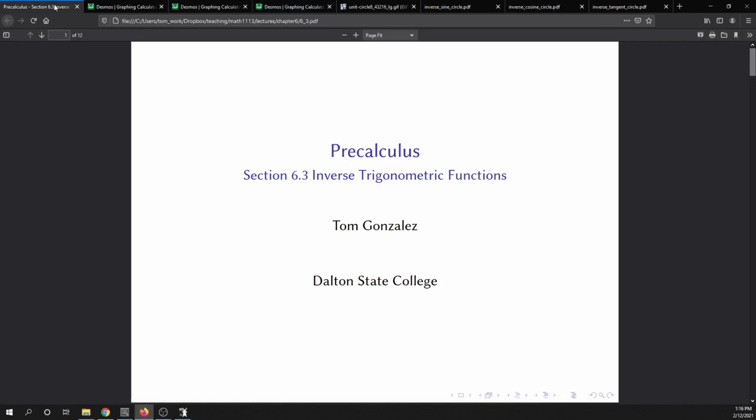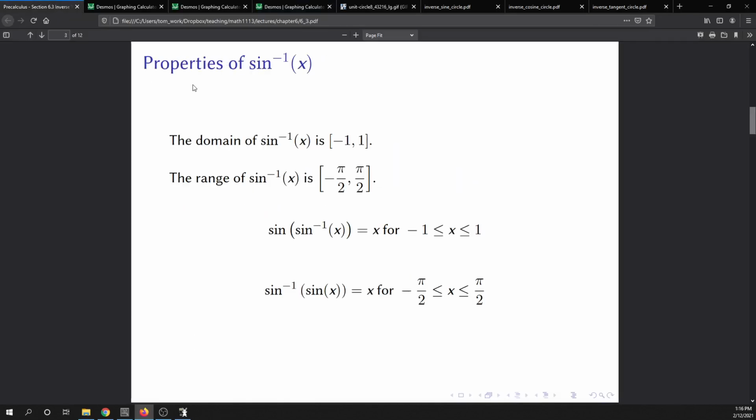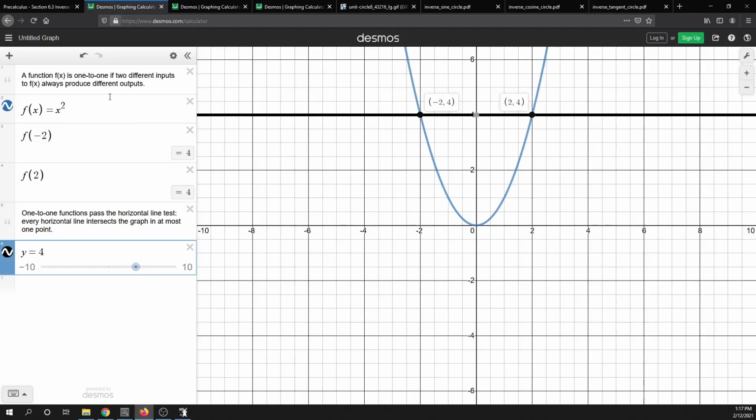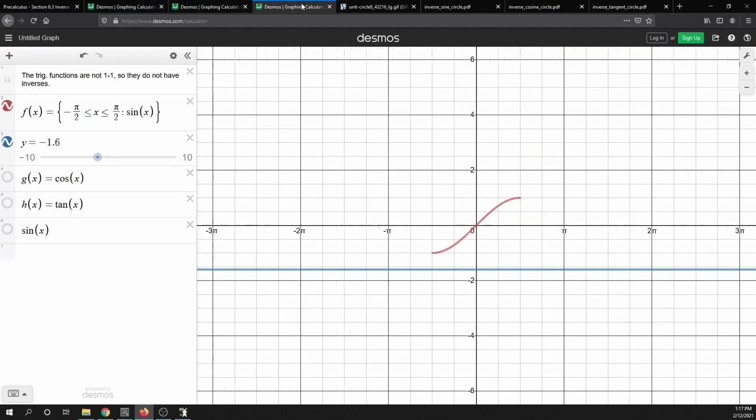Okay. So the inverse sine function is denoted in two ways. It's denoted as sine inverse, just like you did in college algebra, f inverse of x, like so. On Desmos, you can't type it in that way.